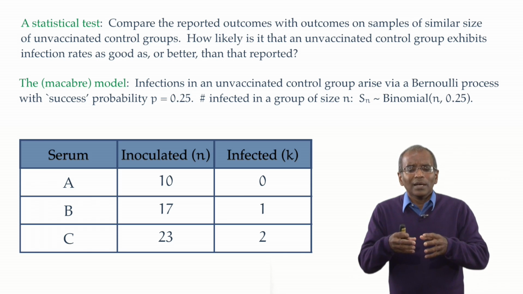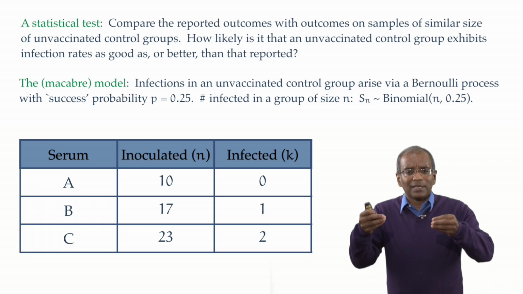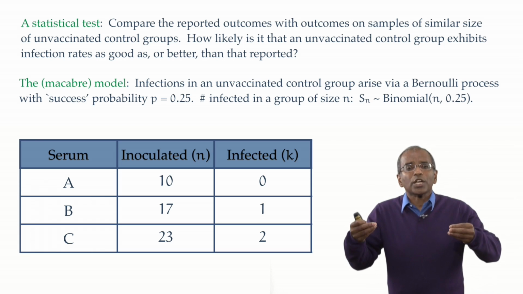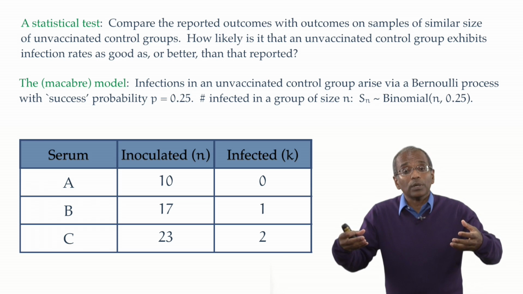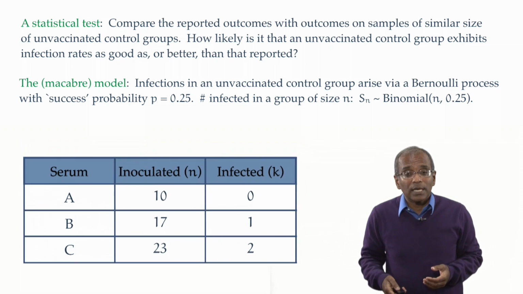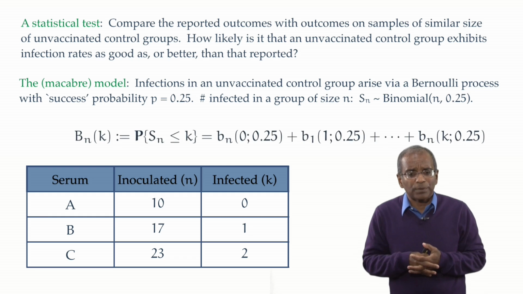Okay. Now we want to compare the setting to what has been reported. So we're going to ask, what are the chances that in this control group we got results as good as or better than those advertised? Let's introduce a little bit of notation.